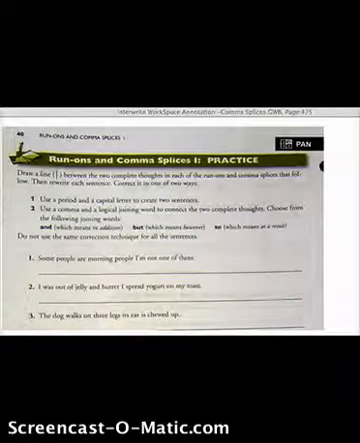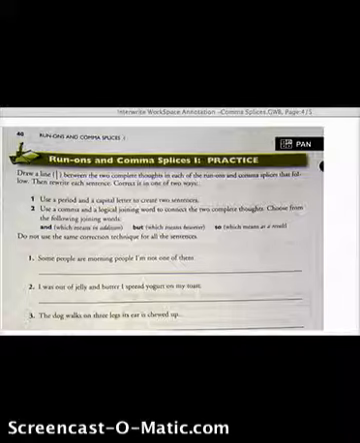As we look at page 40, again, you're going to be drawing a vertical line between the two complete thoughts in each of the run-ons and comma splices that follow. Then rewrite each sentence. Correct it in one of two ways. 1, use a period and a capital letter to create two sentences. Or 2, use a comma and a logical joining word to connect the two complete thoughts.